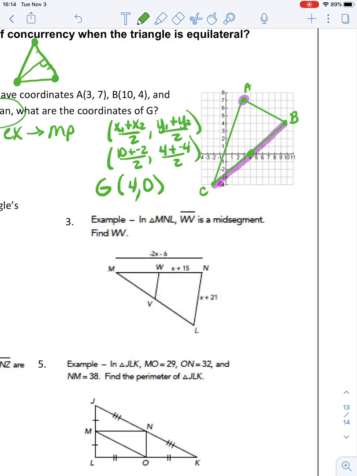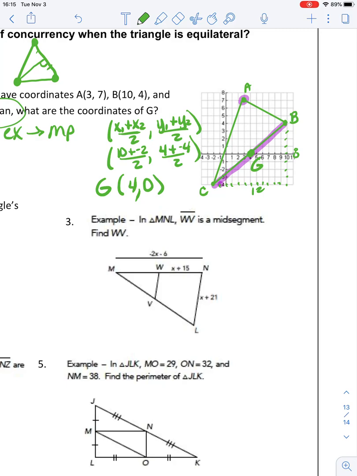Now, if I go over here and look, I can also see that 4, 0 is the midpoint of that segment, and I can count that just right off of the grid. You would count over 1, 2, 3, 4, 5, 6, 7, 8, 9, 10, 11, 12, and up 1, 2, 3, 4, 5, 6, 7, 8. So that's over 12 up 8.